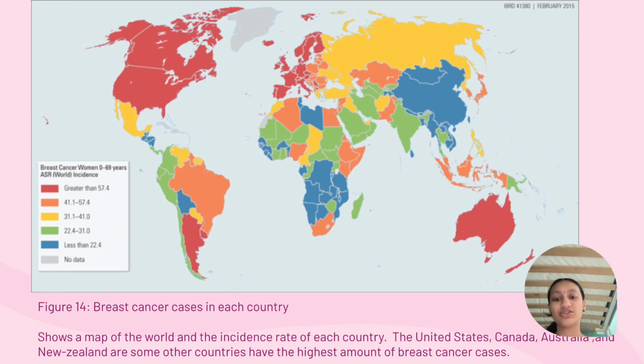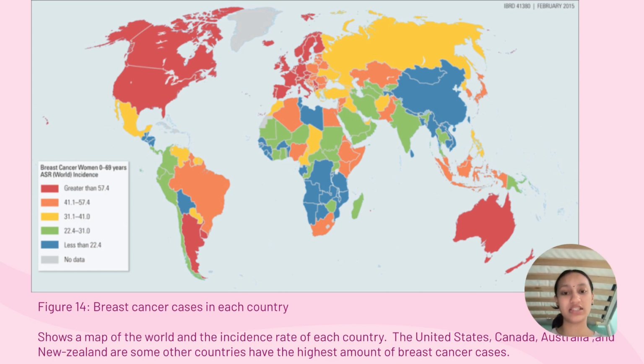Figure 14 shows the breast cancer cases in each country and the incidence rates of each country compared to the world data. It shows how high the cases in some countries are and how low they are in others. Some countries that have the highest amount of breast cancer cases are Canada, America, Australia, and New Zealand, and some other ones.